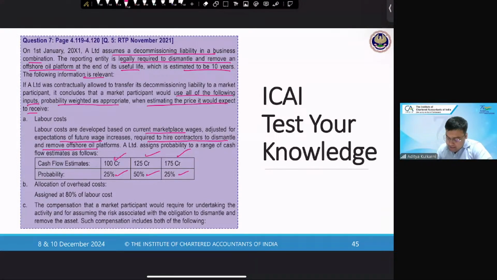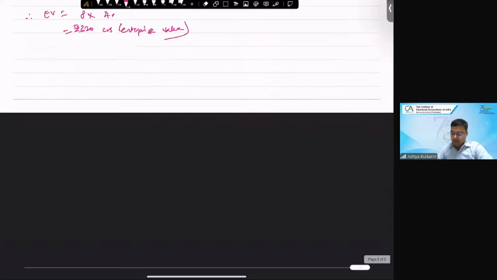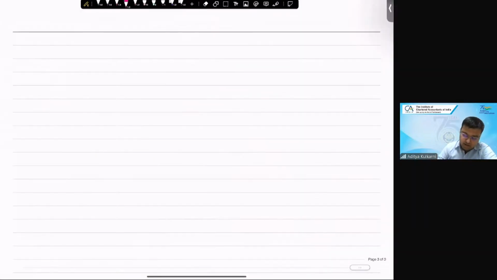So the weighted average calculation would be 100 into 25% plus 125 into 50% and 175 into 25%. Now let us come to solve this question.